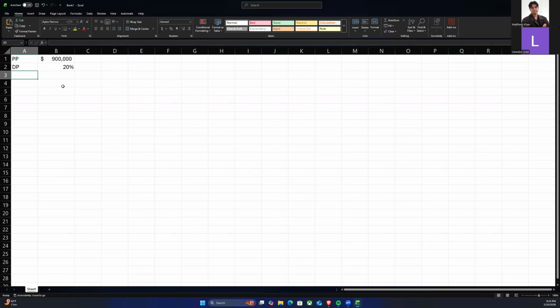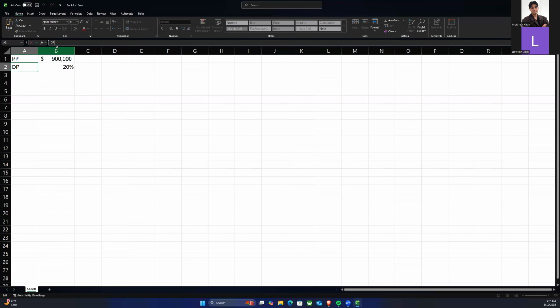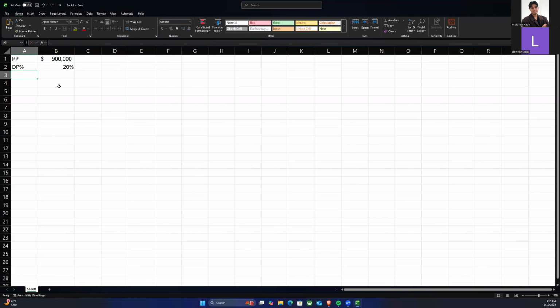Now we need the down payment dollar amount, so DP dollar. Let's do the calculation there. So roughly, we put down 180,000.